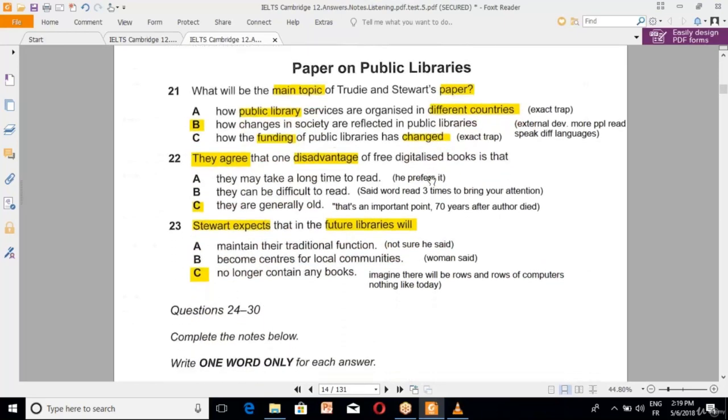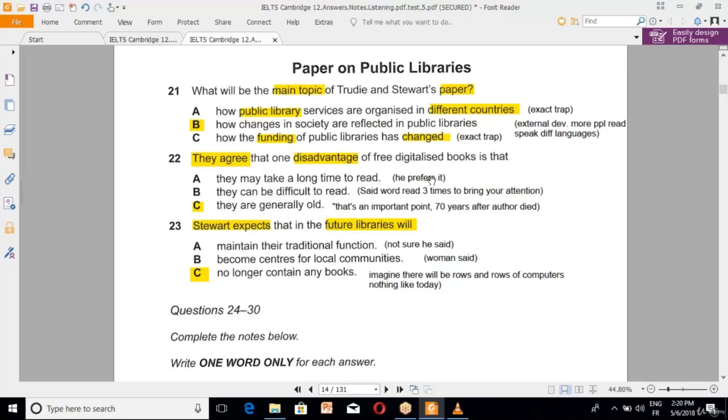Number 21, the answer is B. Now, for number 21, did anybody pick A or C? No one picked A or C? Right.